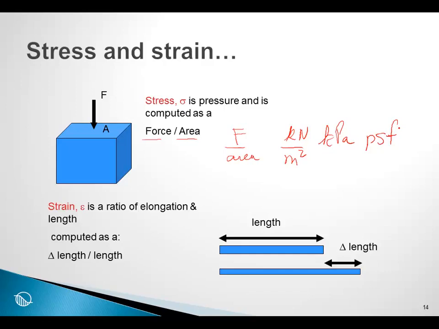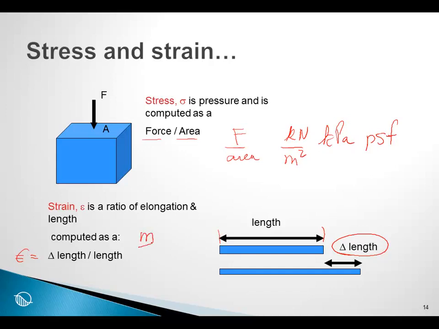Strain is a ratio of elongation and length. We have an original length and we have some elongation. The strain is defined as the change in length divided by the original length. It is important to recognize that the units of strain are dimensionless.